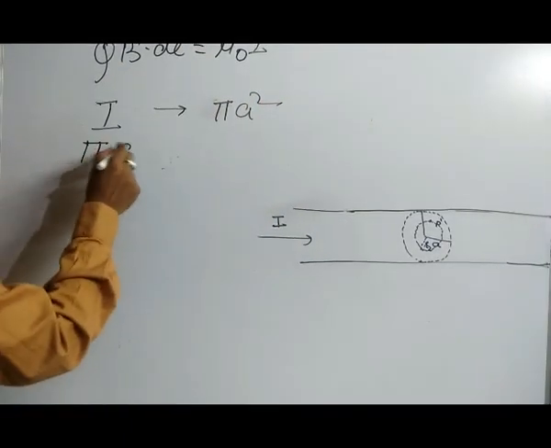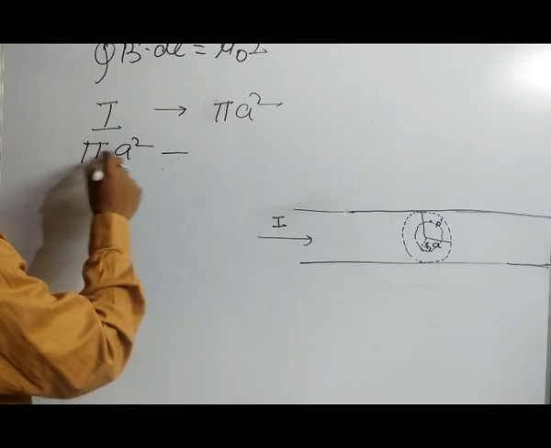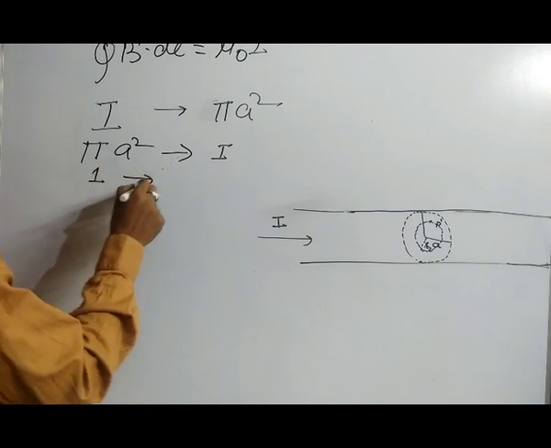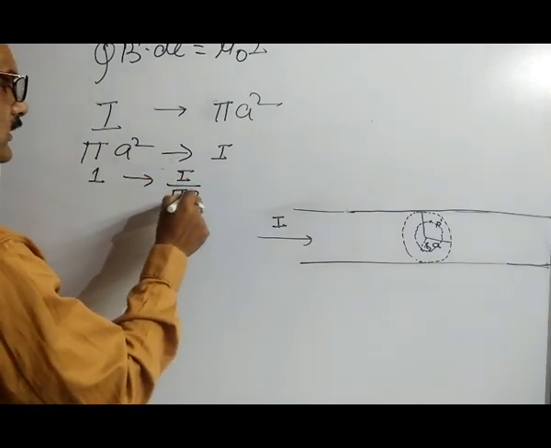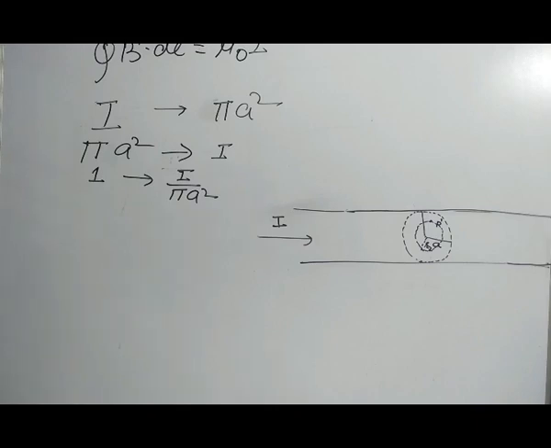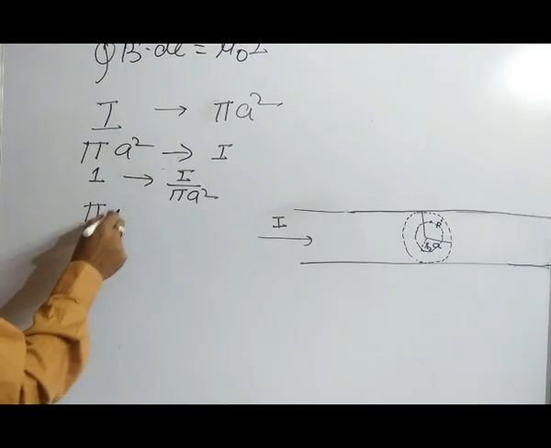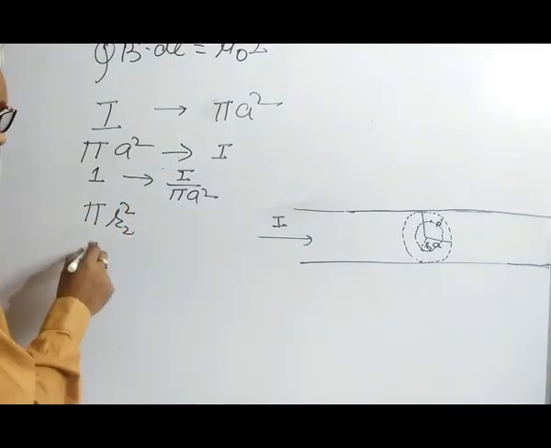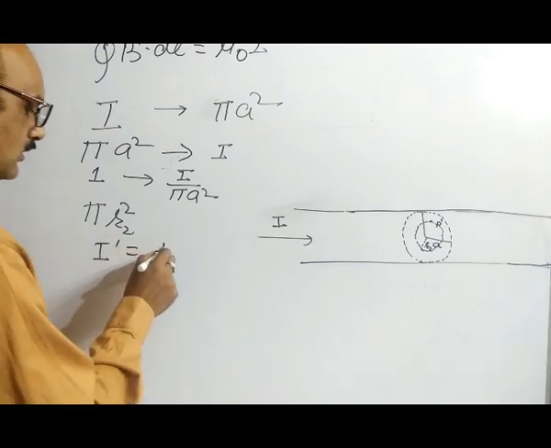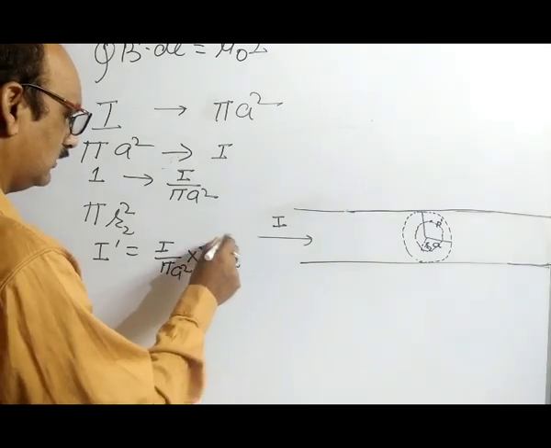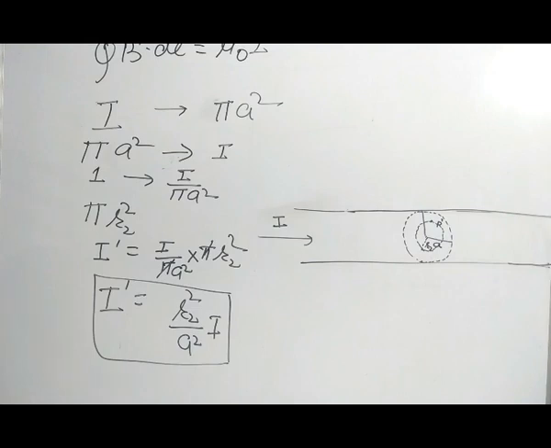That is, in pi a square, current is I. In unit area, current is I upon pi a square. Right. Now, in area pi r2 square, current will be I dash equal to I upon pi a square into pi r2 square. This and this cancel. That is I dash equal to r2 square divided by a square into I.